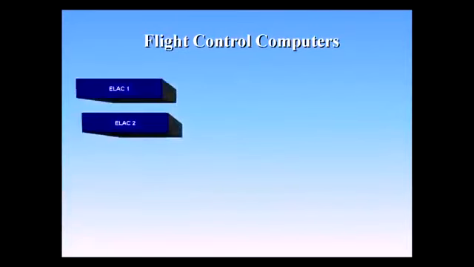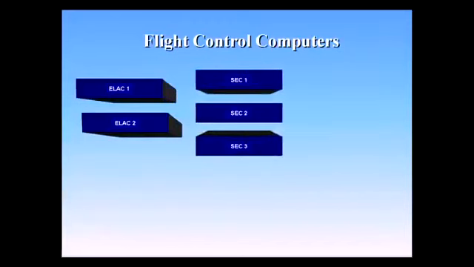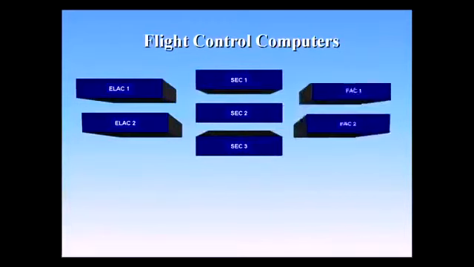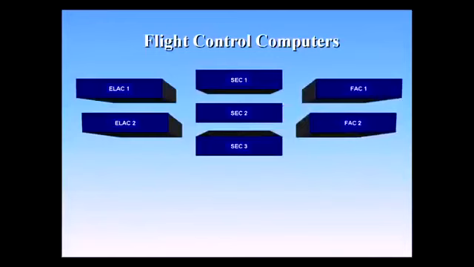The movements of the flight control surfaces are managed by 7 computers. These are 2 elevator and aileron computers, ELAC, 3 spoiler and elevator computers, SEC, 2 flight augmentation computers, FAC.